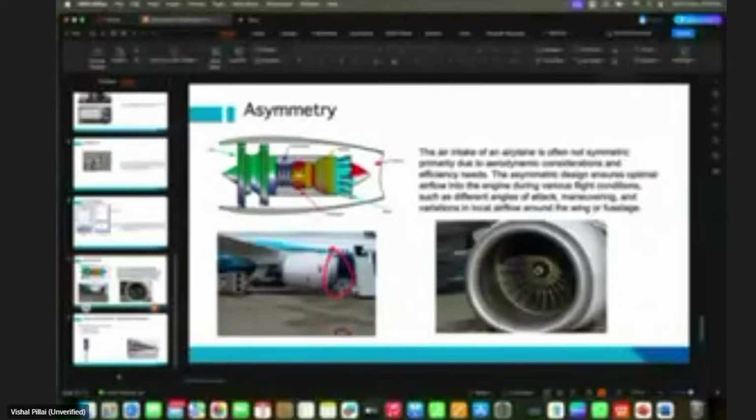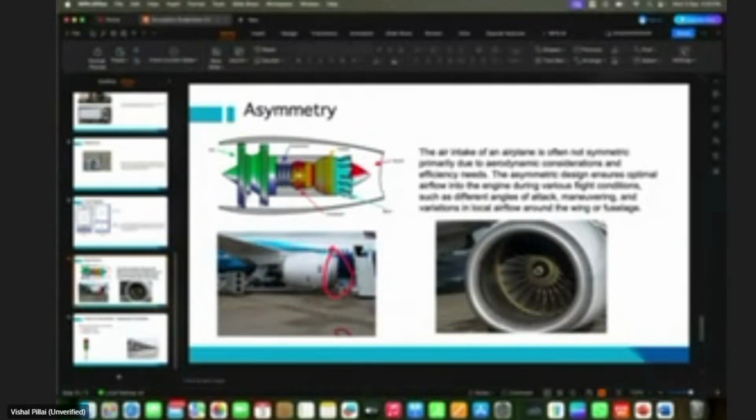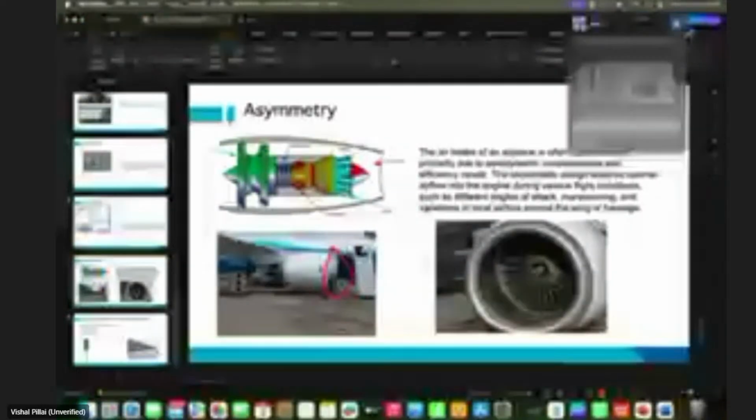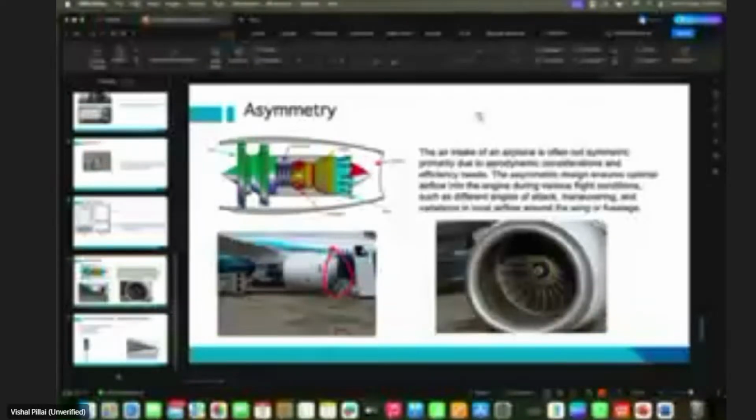The way we look at asymmetry. I'm at another slide. I hope the slide has changed and you are able to see asymmetry as the slide. Yes, sir. So basically this is related to airplanes. When you look at the airplane, sometimes you are able to get more air into the turbine by changing the symmetry of the engine. If you look at plane engines, you'll find that it is not symmetric.